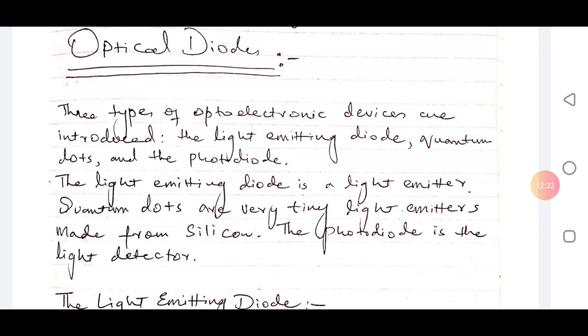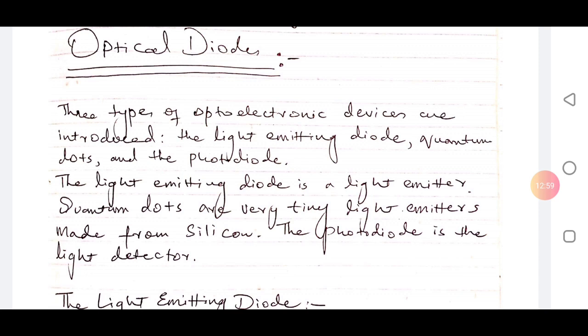Quantum dots are also light emitters. Basically, quantum dots are used to manufacture LEDs. These are very tiny silicon particles which emit light. So these quantum dots are used to manufacture LEDs or other light emitting devices.